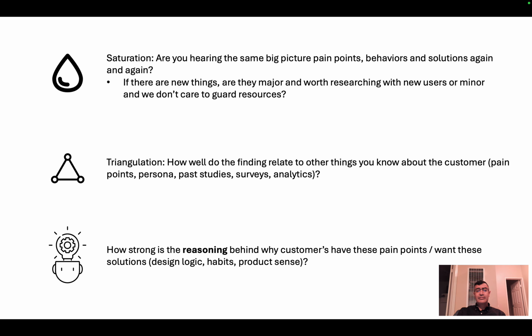Now let's go with the second principle you mentioned, Mr. User Researcher Bunny, triangulation. How well do the findings relate to other things you know about the customer? Pain points, their persona, past studies, surveys, analytics. If every bird mentions their top feature for the AI birdseed device is that birdseed is dispensed when they are the most hungry using AI, is this something you've heard in a previous survey?